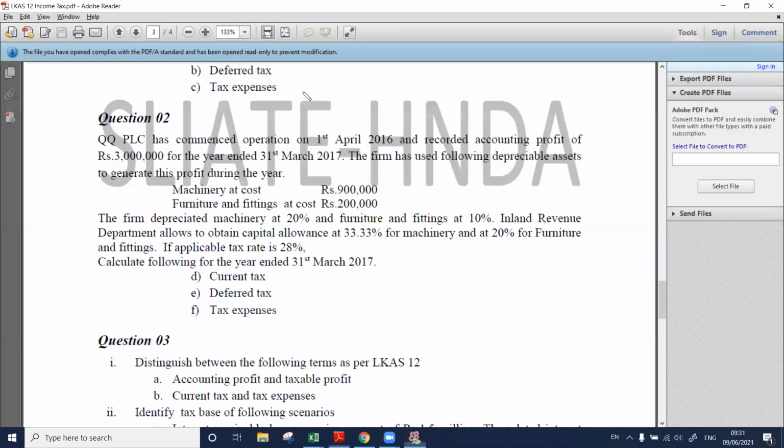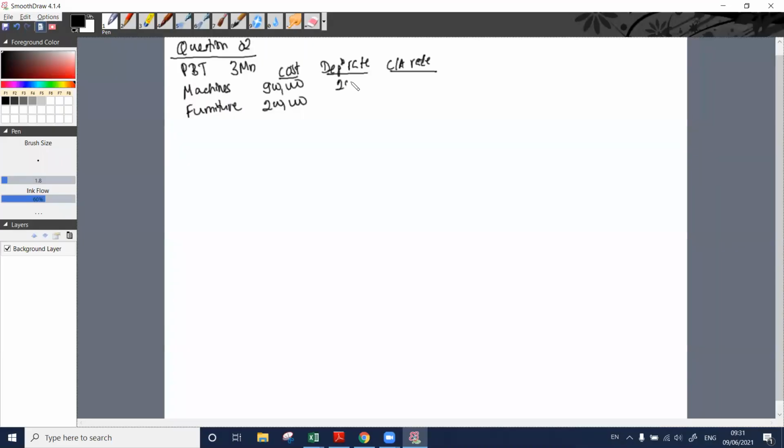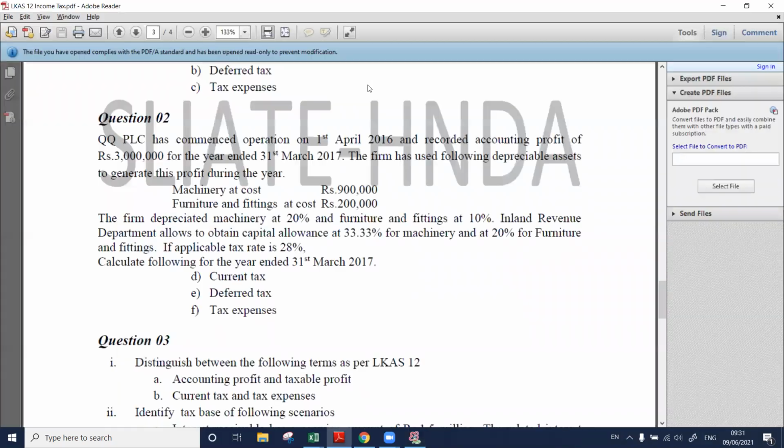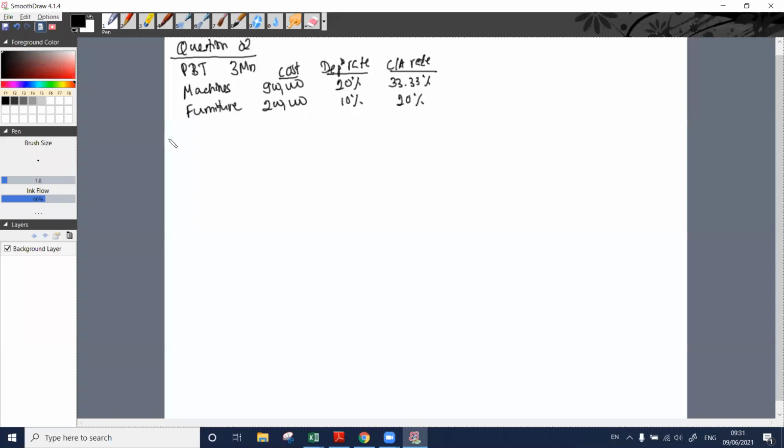Machinery 20%, furniture and fittings 10%. Capital allowance rate for machinery is 1/3, 33.33%, and furniture 20%. And further they say the applicable tax rate is 28%. So these are the informations they have given.